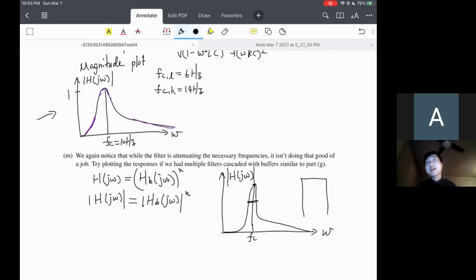It's going to happen over time because it's a continuous function. And so there must be a trade-off between attenuating the noise in a system versus getting a larger gain for the desired frequency. Okay, and that's something that you should really take away from this question, apart from getting some exercise with transfer function and stuff. Okay, so that pretty much concludes our walkthrough for question number 2 on the worksheet.